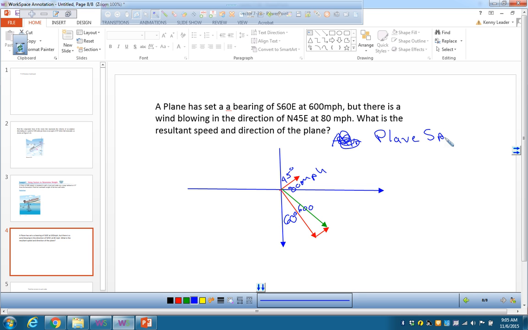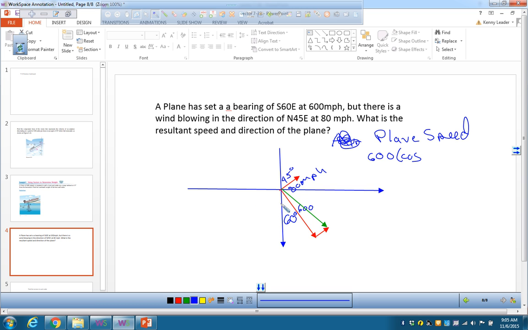Plane speed is going to be given by 600, you have to be careful with this, cosine of, if this angle is 60 degrees, what's the direction angle? How many degrees is it from here to here?